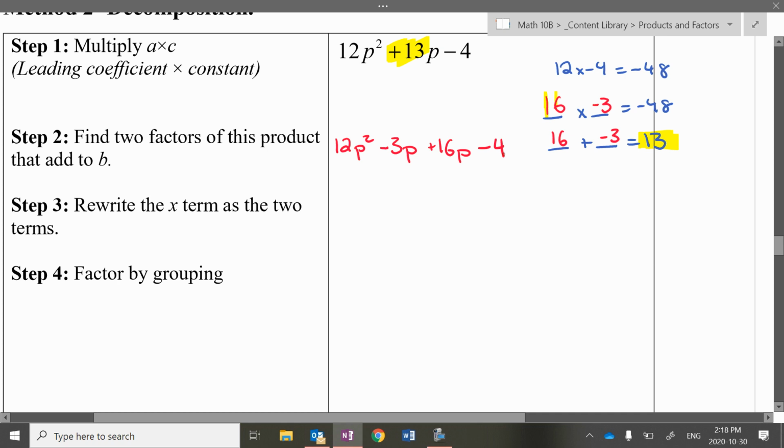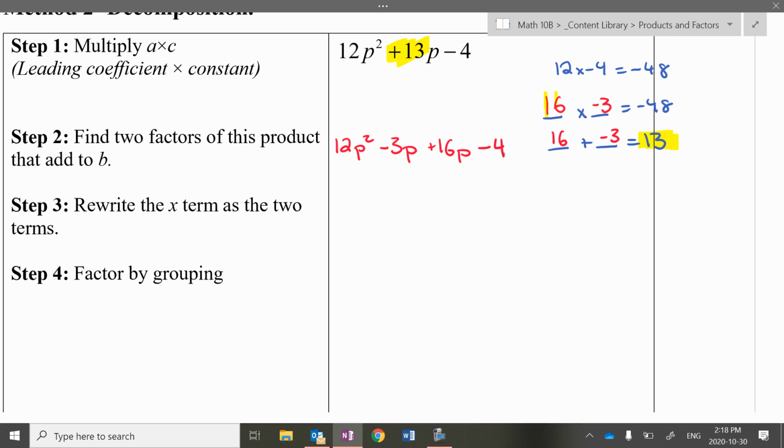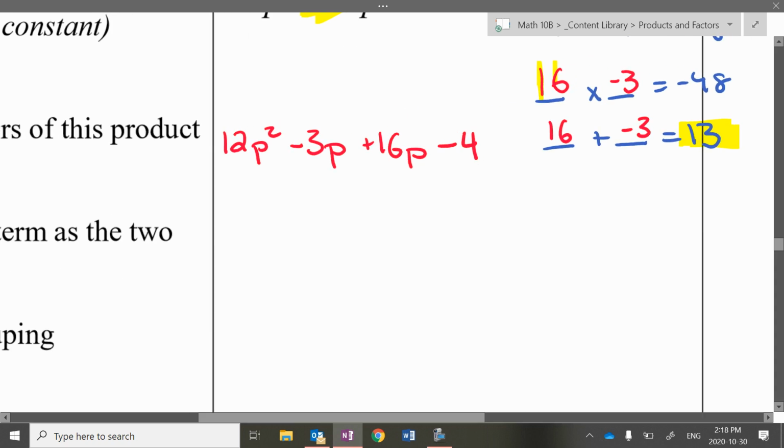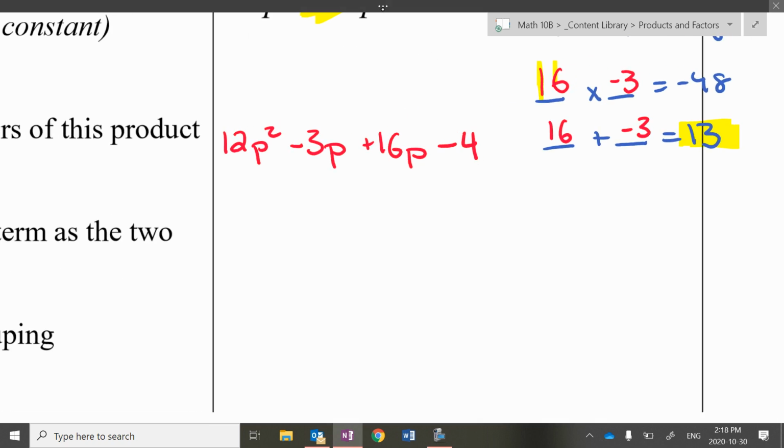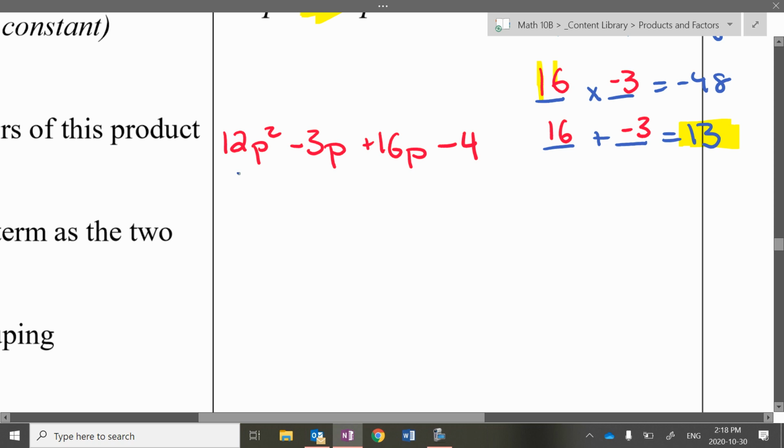So if you write it down the first way, you might have to rearrange it to make it work, or you could think of it right off the bat, what's going to match up. So from here, these first two, my greatest common factor is what? 4 doesn't go into 3. 3p. So I'm left with 4p minus 1.